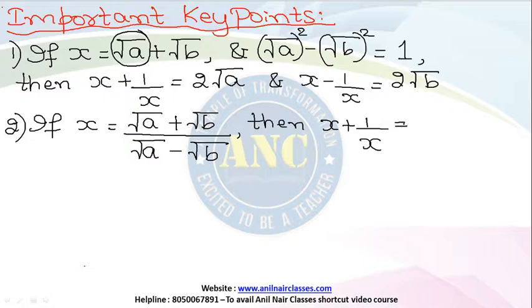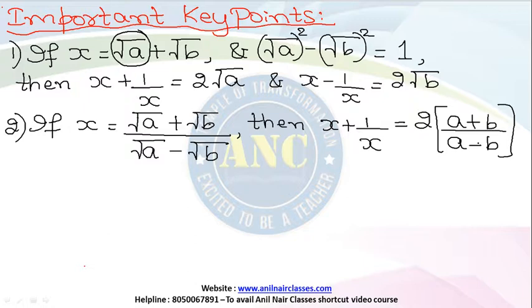What is the notation I can use to find the x plus 1 by x value? It is 2 times whatever values you have in the numerator and denominator. Write down the same values, but without the square root terms. Numerator I have a and b, denominator also a and b, but numerator put it as plus, denominator put it as minus.